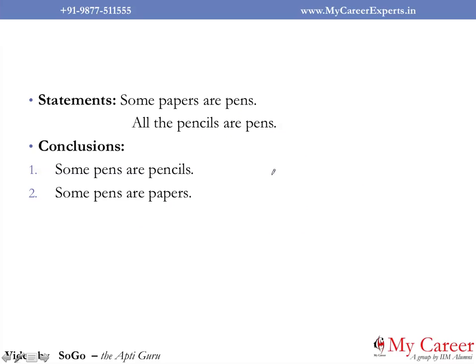Some papers are pen. So this is paper, this is pen. All pencils are pen. So this is pencil, which may be with paper, may not be with paper. If it is with paper, we will say some pencils are paper. If it is not with paper, we will say no pencil is a paper, but nothing is definite.